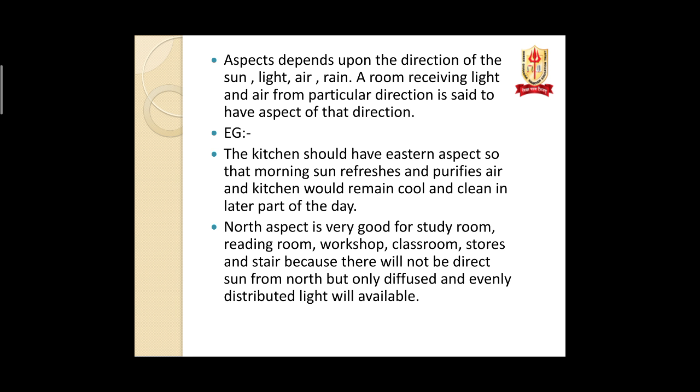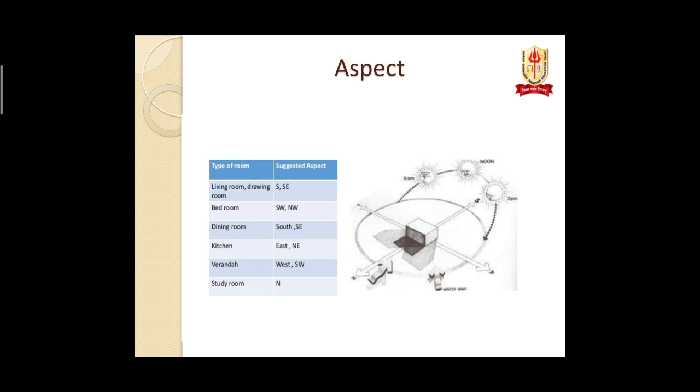If you place a living room or a study room in the north direction, there we don't require direct sunlight, but we require light throughout the day. Therefore, we keep the living room or study room in the north direction. Like this, we are taking maximum advantage of nature and planning our plan like this. The first is aspect.